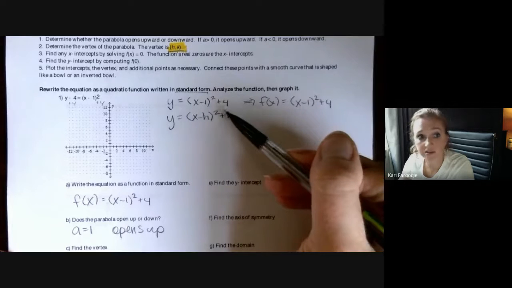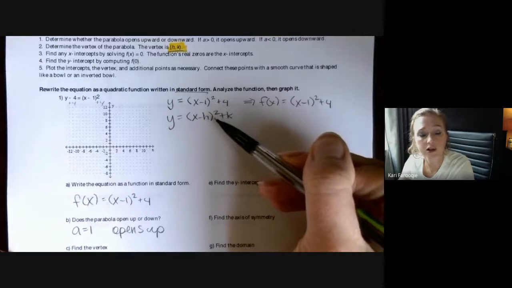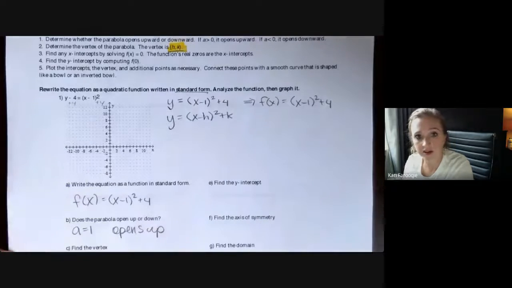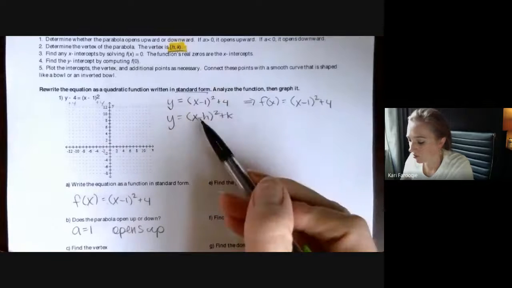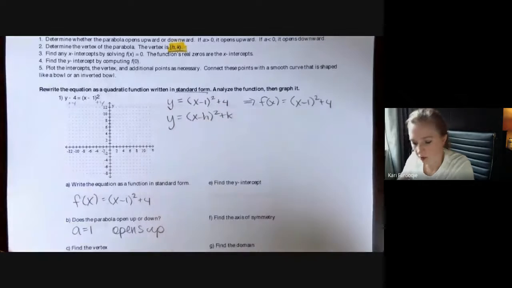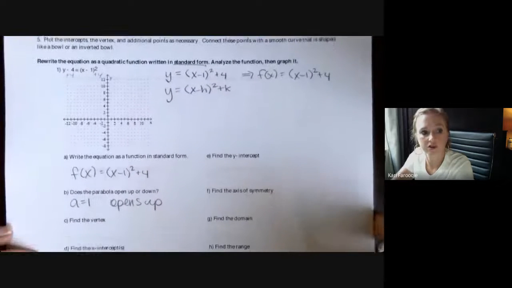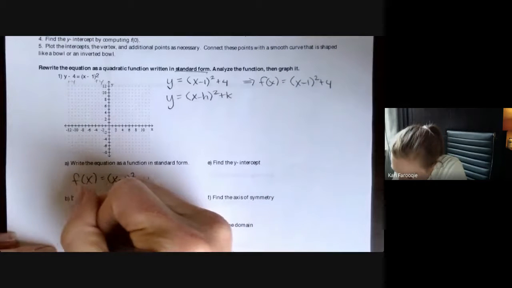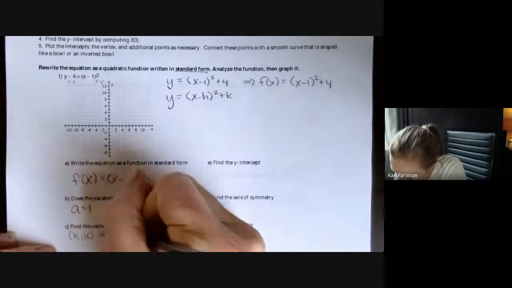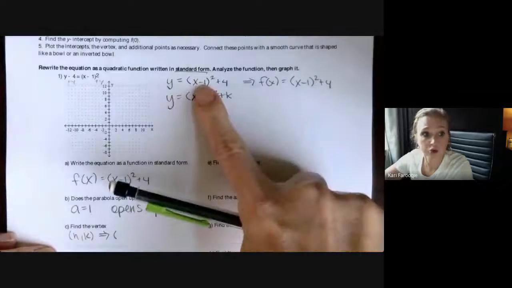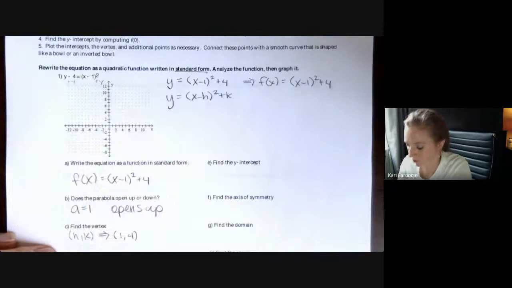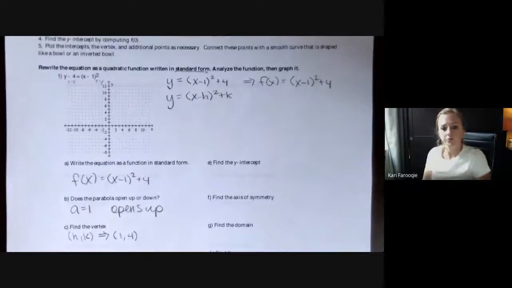That's not the case. h is whatever follows that minus sign. If you had a plus, you would have to take the opposite sign. But since a 1 follows the minus sign, that's what you're going to use here. So for find the vertex, our vertex is (h, k), and in this case, h would have to be 1, k would have to be 4.